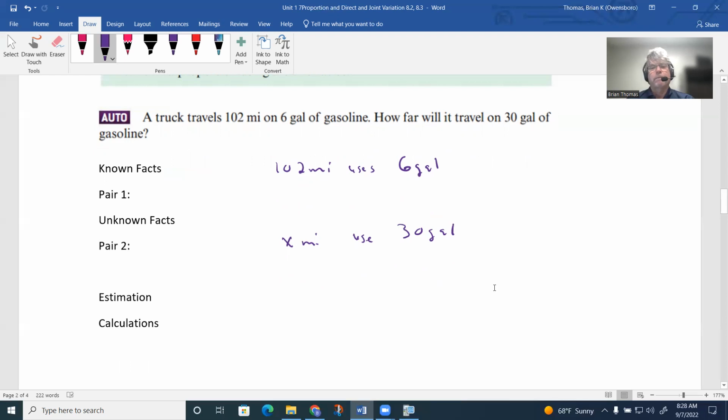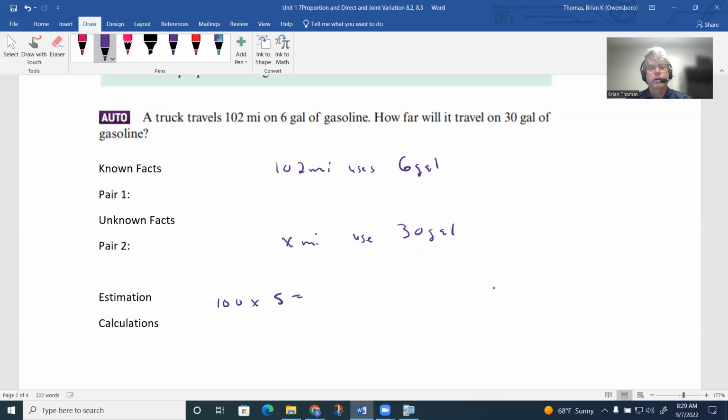So notice, if I look at this pattern here, I went from 6 gallons to 30 gallons. So if I increase my number of gallons used by a factor of 5, my mileage should also increase by a factor of 5. So as an estimation, all I really have to do is multiply like 100 times 5.